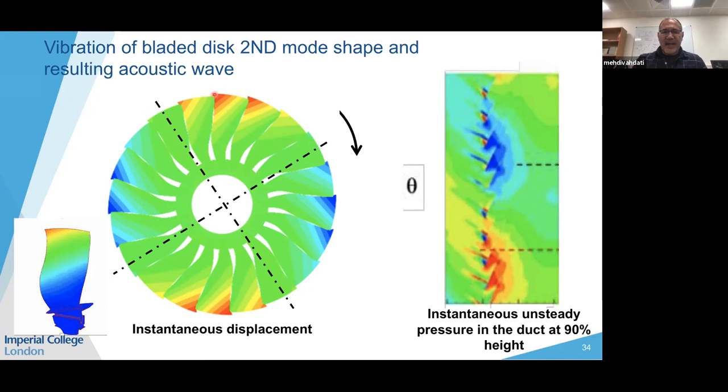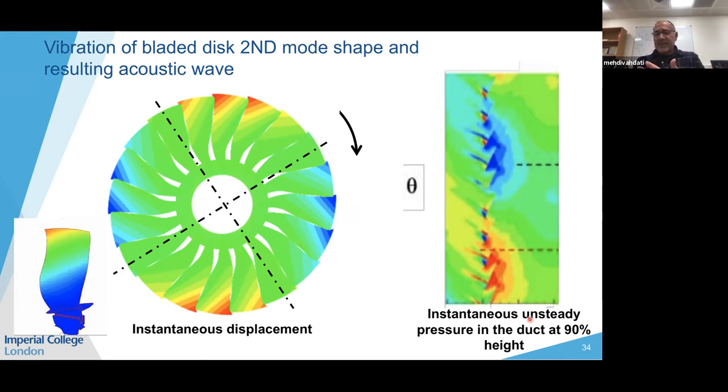You can see that the blades at the top here have positive displacement, i.e. coming out of the page, and the blades here have negative displacement, going into the page. Here you can see two lines where there's no displacement, called nodal diameters. So this mode shape is called two nodal diameter. This mode shape creates a spiral wave.